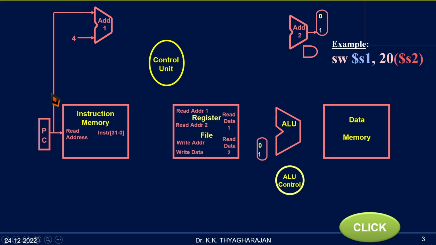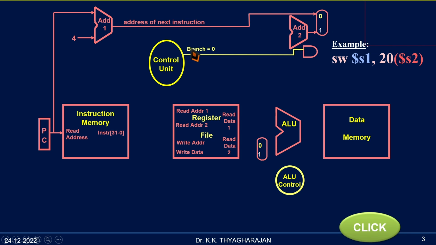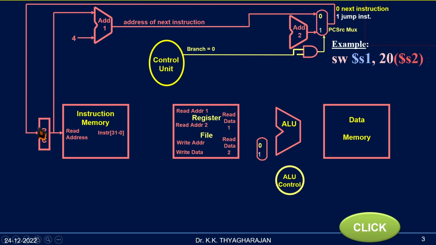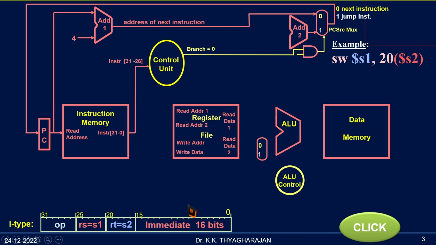So here the program counter is added with 4 and that will give the address of the next instruction, and it will be passed through a multiplexer using a branch control signal and that will be returned to the program counter only later. In the next step, the instruction is decoded and if any data from a register is required, that will be read from the register file.